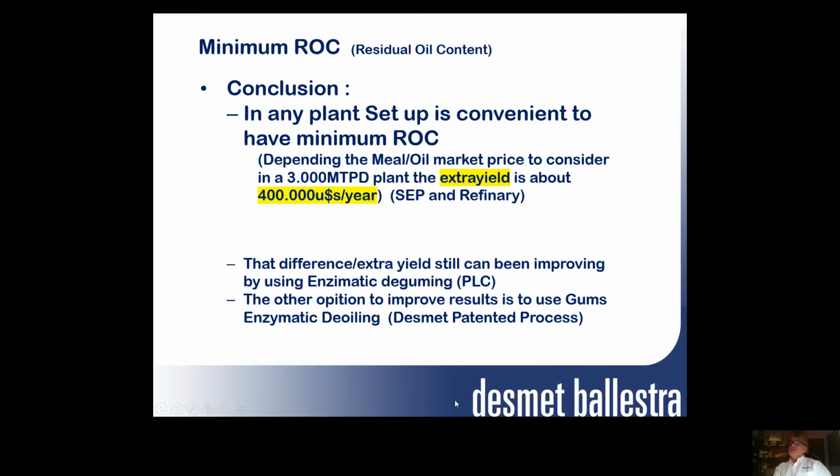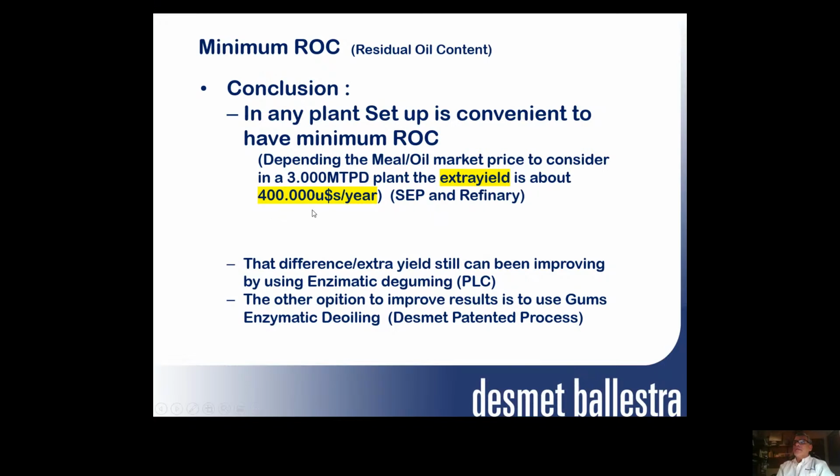The figure was done for a plant of 3,000 tons per day. The extra yield is about $400,000 per year, considering extraction and refinery as a benefit. I used the price of crude oil for calculating this number.